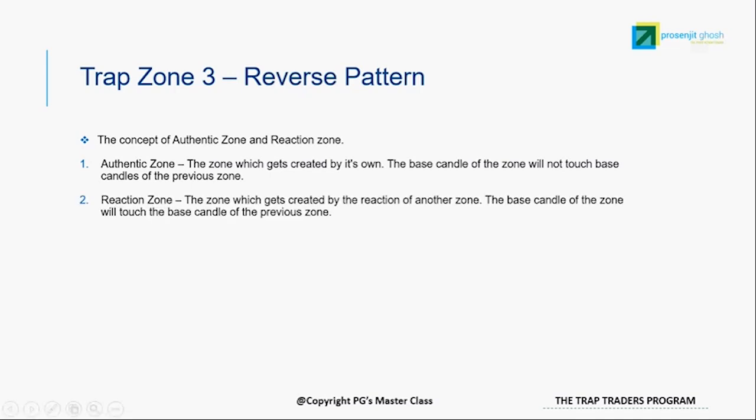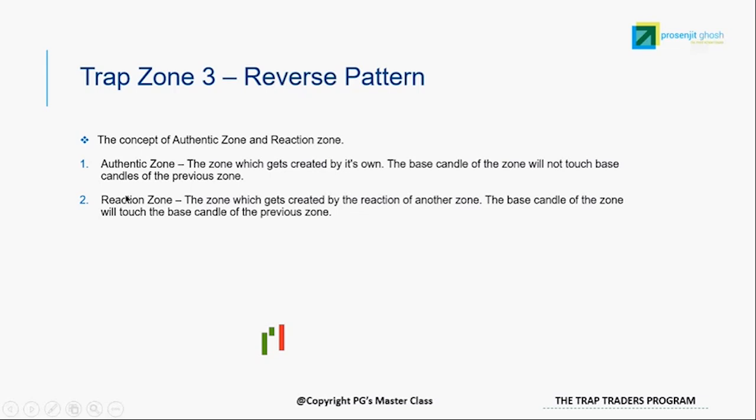Same way, when a zone gets created by the reaction of another zone, and the base candle of that zone touches the base candles of the previous zone, then we call it a reaction zone.